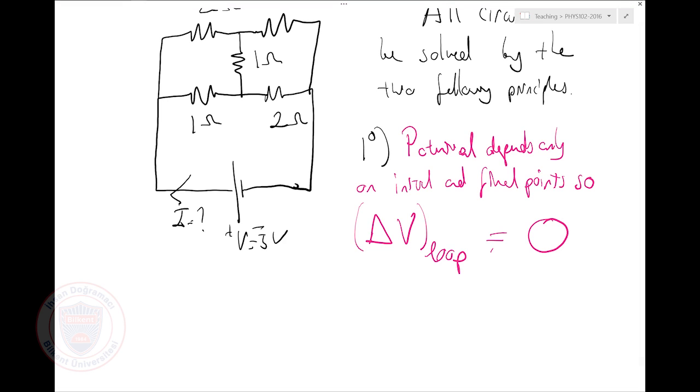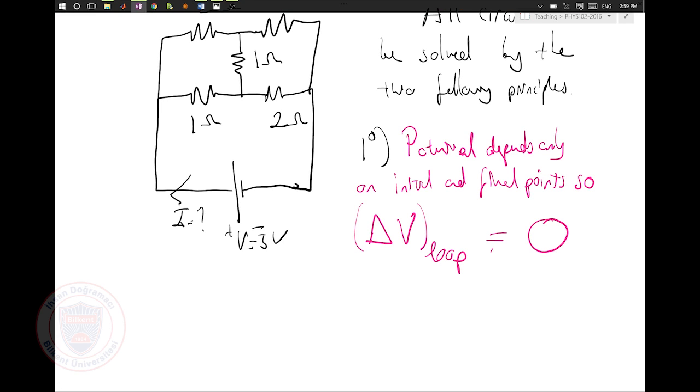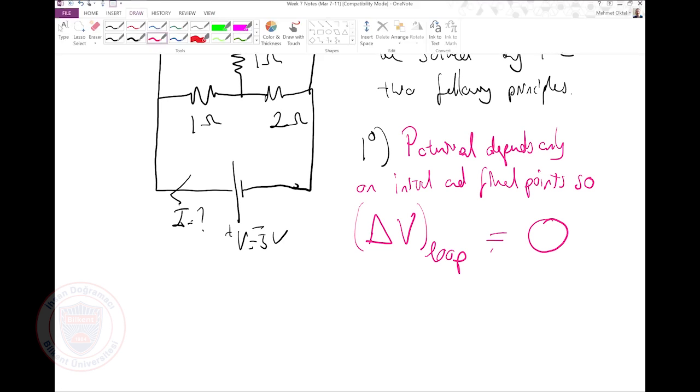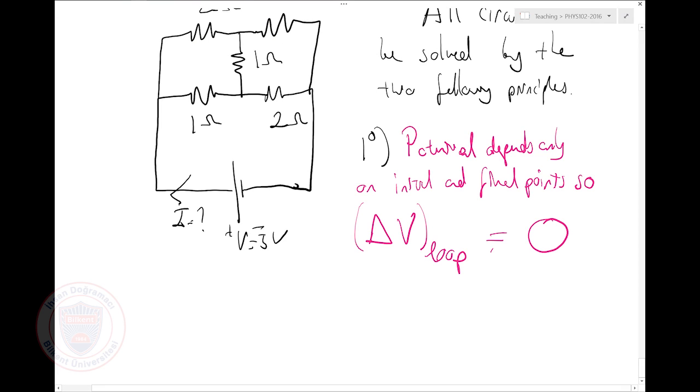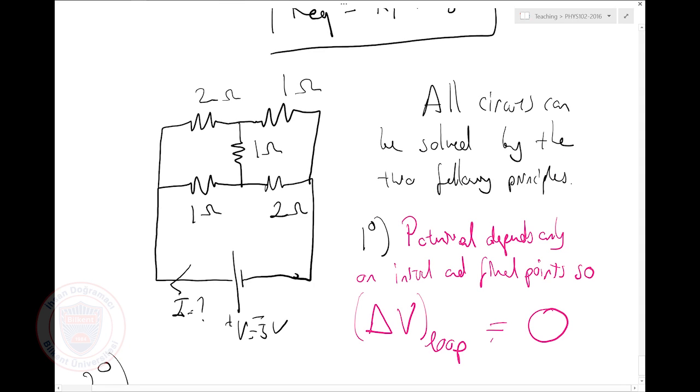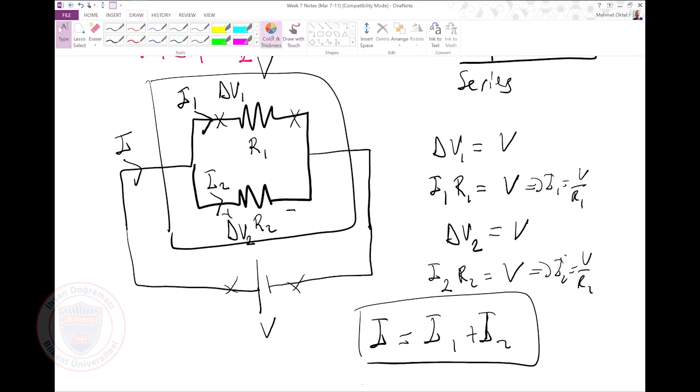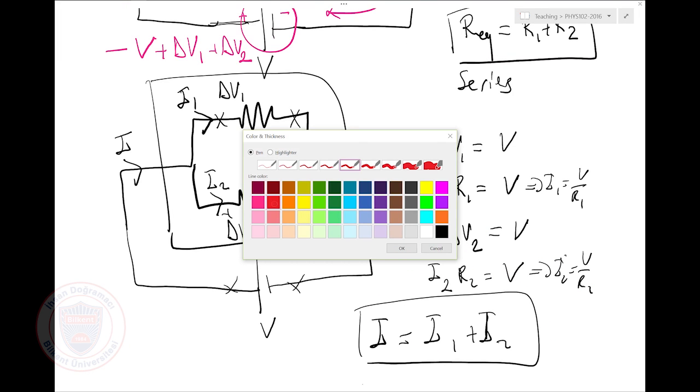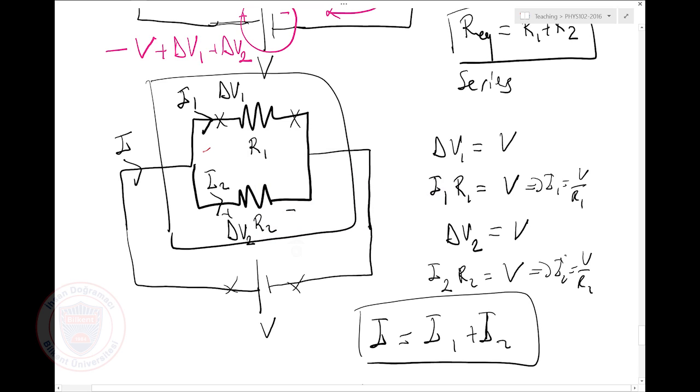I'll state a second principle, and you already intuitively know what that principle is. When I was looking at parallel resistors, at the point here, I said there is a node here.